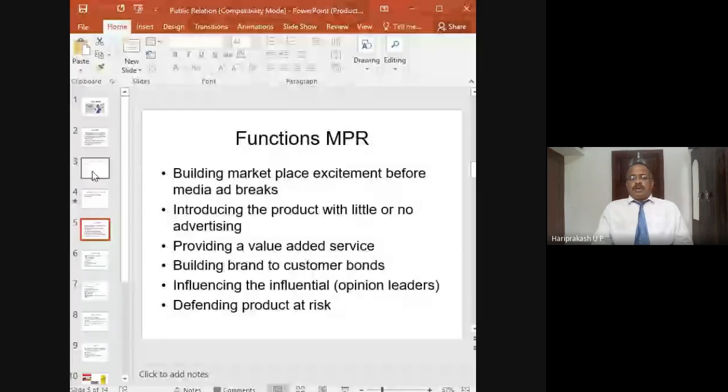This is actually what happened for Tata Nano. Taking the example of Tata Nano, about 20 years back when they launched it, there was a lot of news about it, positive news. It was the first car in the world to come up in the price bracket of 1 lakh.